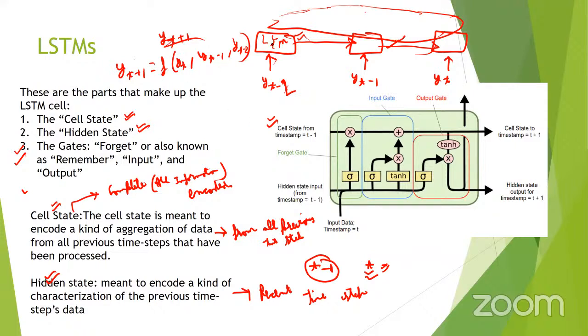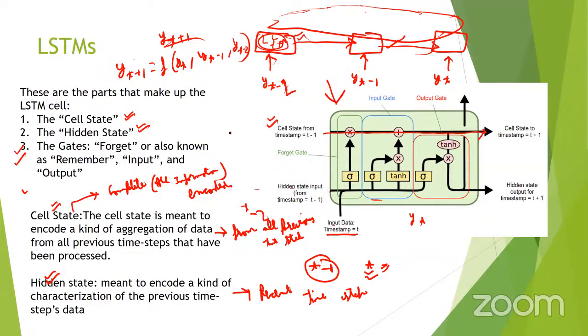Now, when we remove the cover of your LSTM cell, inside it looks like this. There is a horizontal straight line running through your LSTM cell. Just assume it is a conveyor belt going through your complete LSTM cells that are connected together. Let's assume this is for time step T, because it is getting the input data at time step T. The previous cell was for T minus 1, and before that T minus 2.